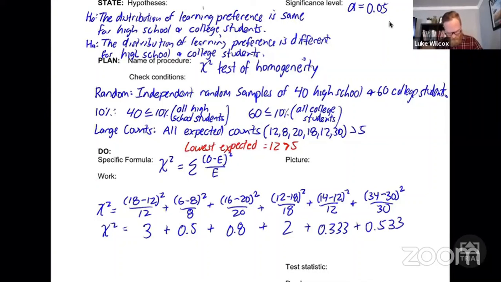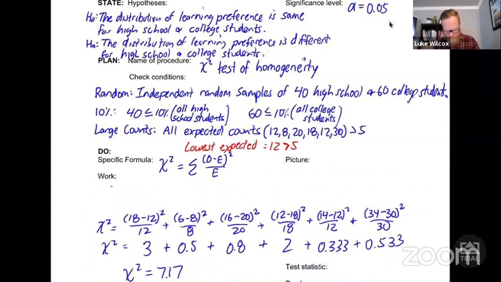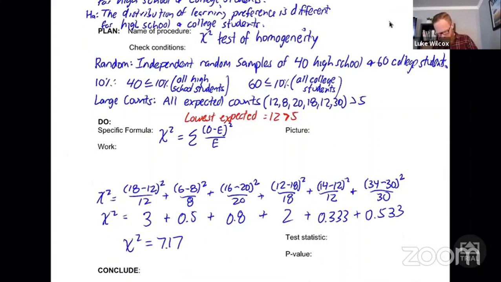And then I added all of those up. This is going to give us our chi-squared test statistic, which is about 7.17. So a little bit of work to do there, a little bit of calculation. Let's go ahead and record that for our chi-squared test statistic, 7.17.